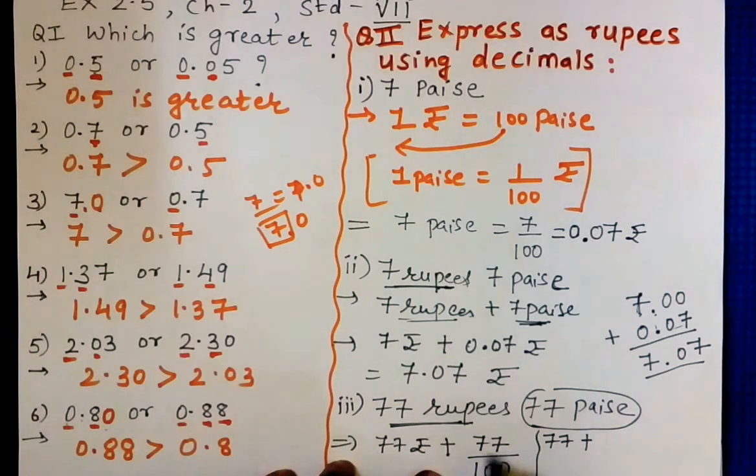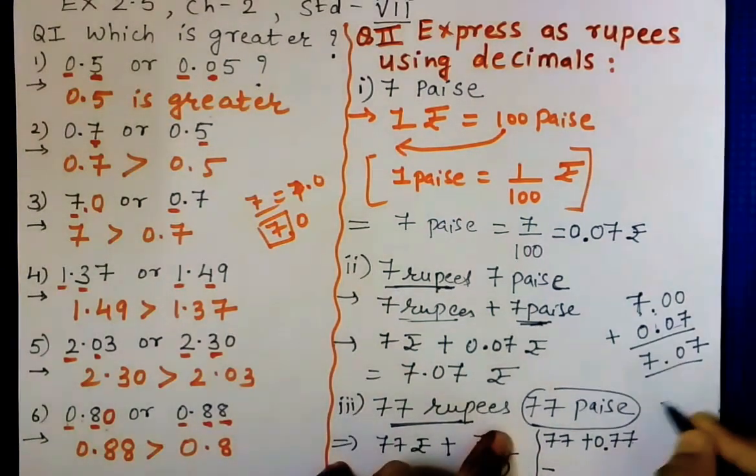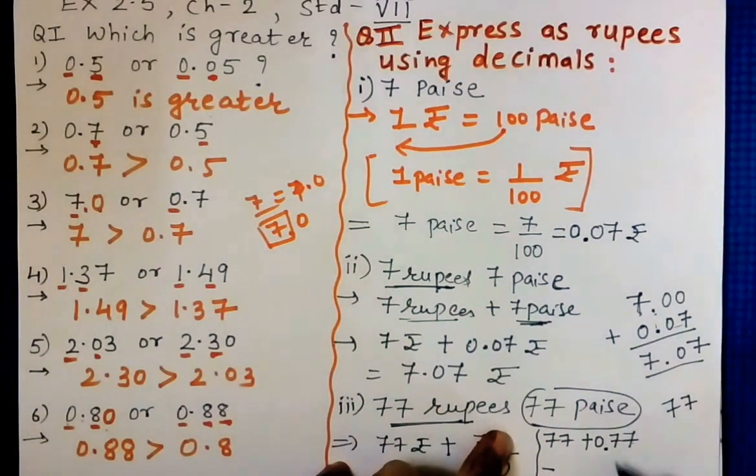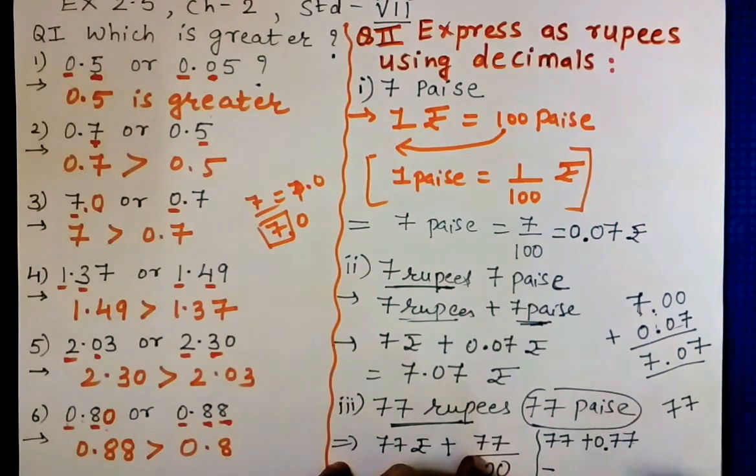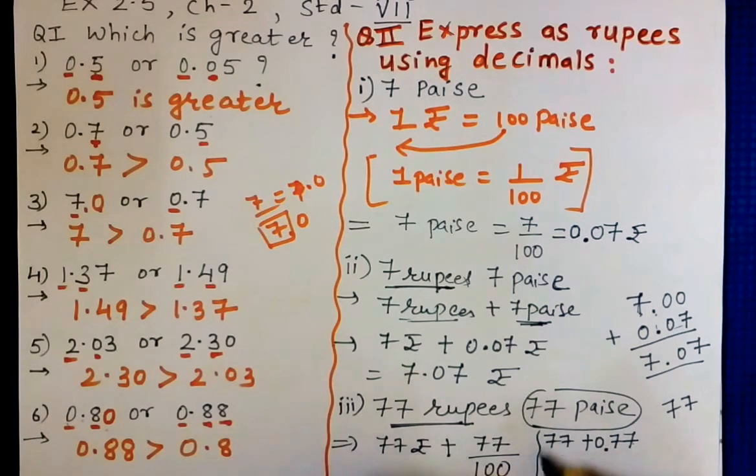So again, after 2 digits I will keep the point. 2 digits are already given, 7 and 7. I will keep the point here. So it will be 77 plus 0.77. We will add these both now. Again here there is no point. 77 is a complete number, no point is given to us.